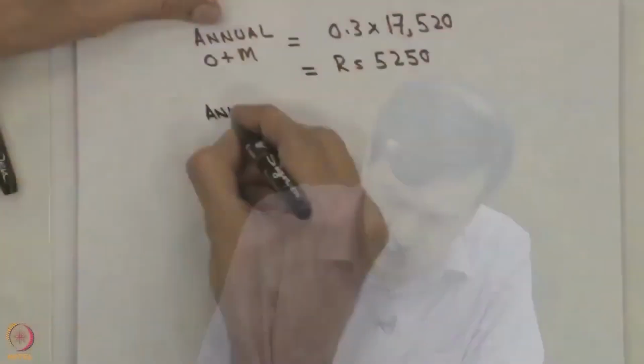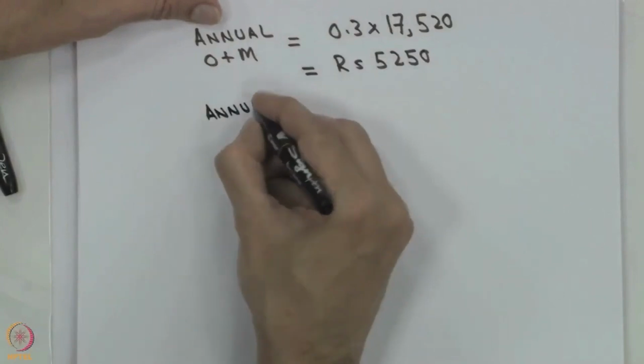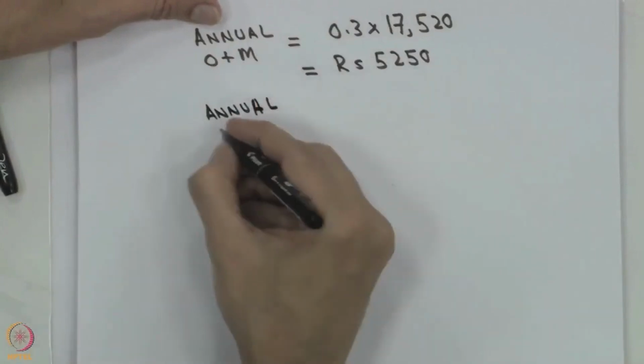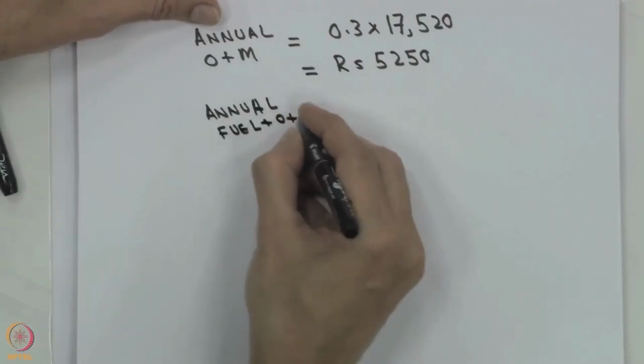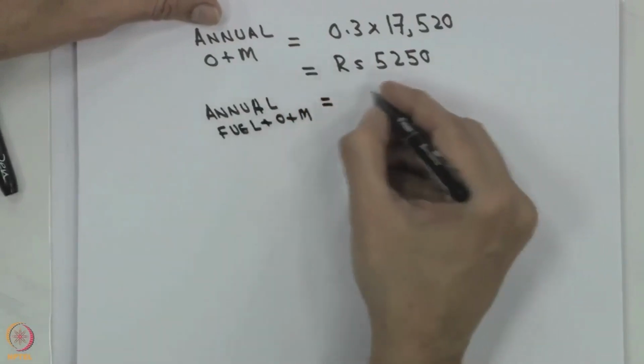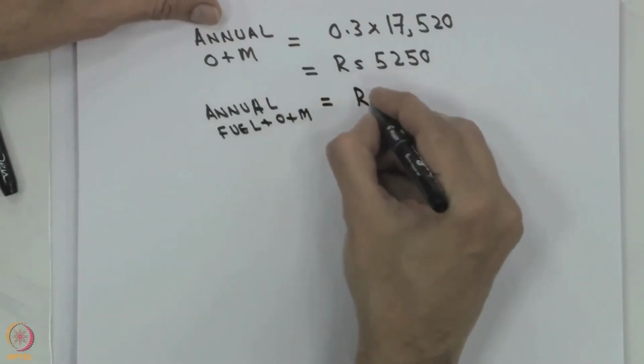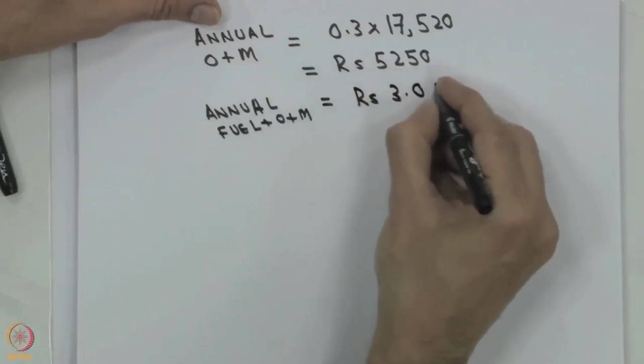So, it is actually very small. The total annual cost, fuel plus O&M, instead of 3 lakhs, now becomes rupees 3.05 lakhs.